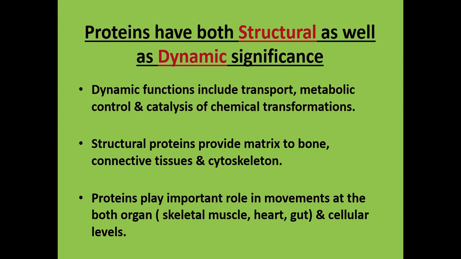Rigid units function as structural elements in the cytoskeleton or in connective tissues, while flexible proteins may act as hinges, springs, or levers and play a crucial role in assembling proteins with one another. Like immunoglobulins, if you see the structure of immunoglobulins, they are composed of two light chains and two heavy chains, and they are joined together by means of hinges.